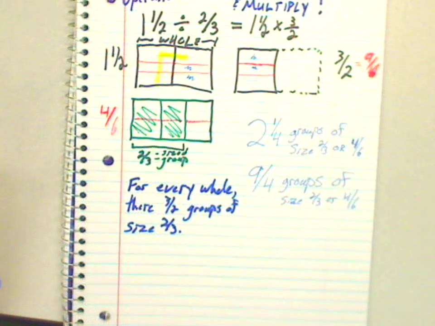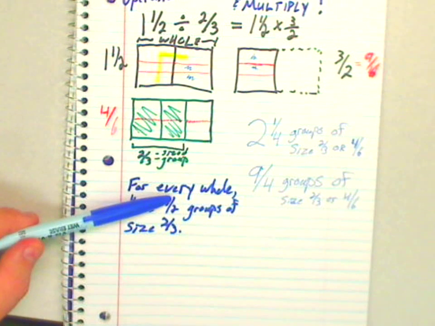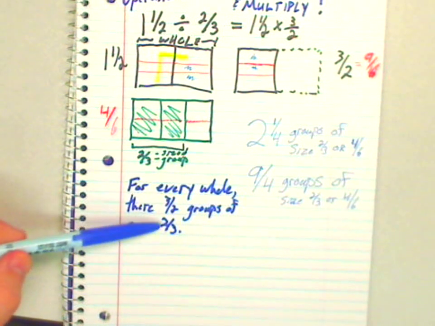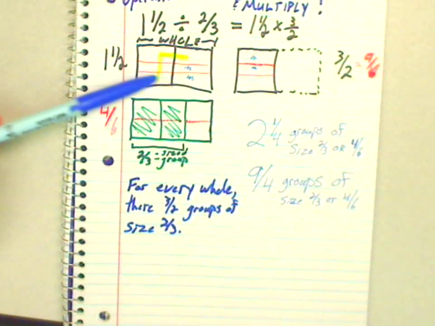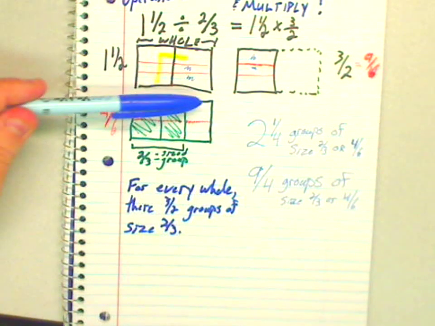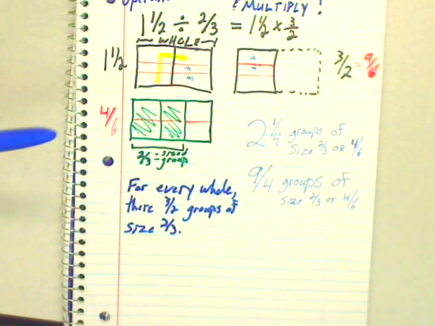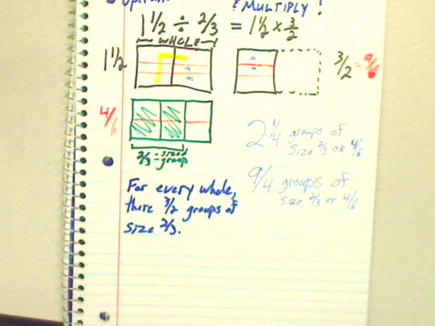So every time I have one full whole, it would be the same as 3 halves groups that are each 2/3 in size. Well, the question is, how much do I have here? Well, here's one whole, and here's another half. So I have 1.5 of these 3 halves groups. I have basically 1.5 or 3 halves of them.